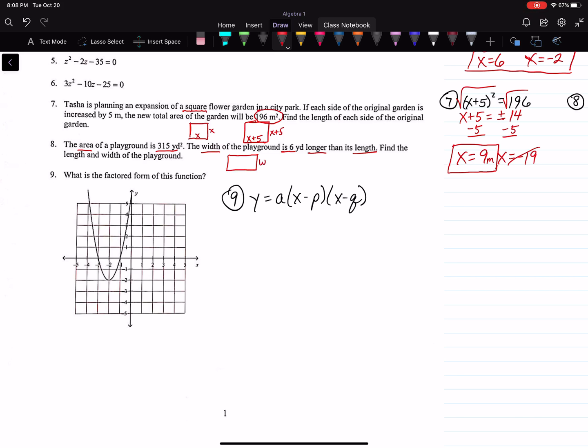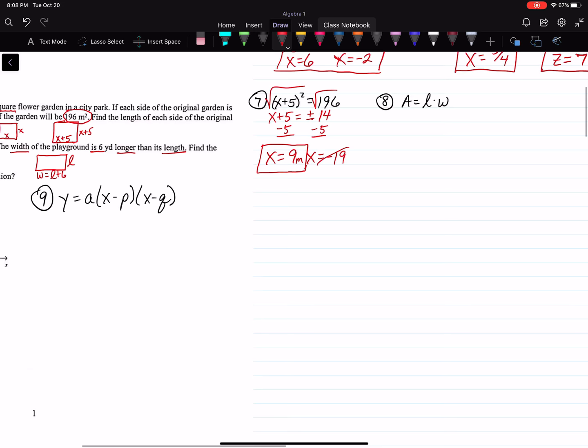You have your width, and the length, and it says your width, W, is 6 yards longer than the length. So that means it's L plus 6. Okay. And basically you find the area of that rectangle. And area is just length times width.